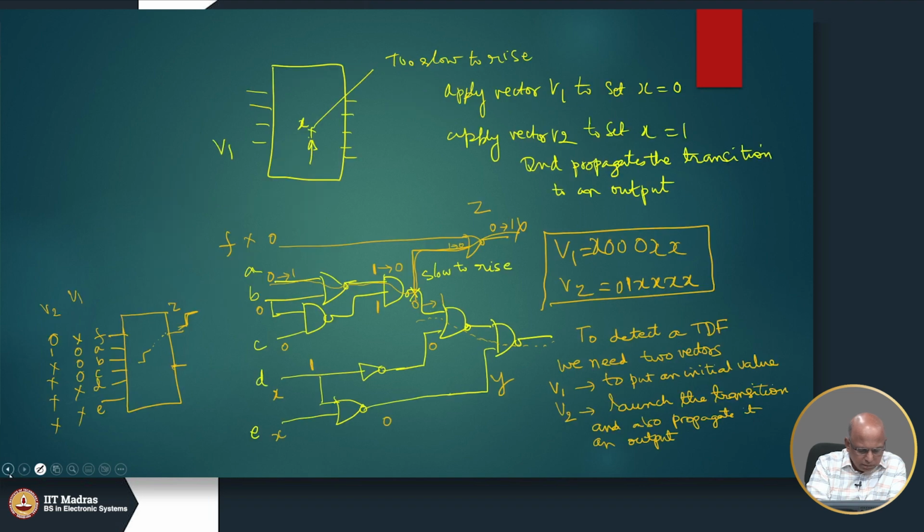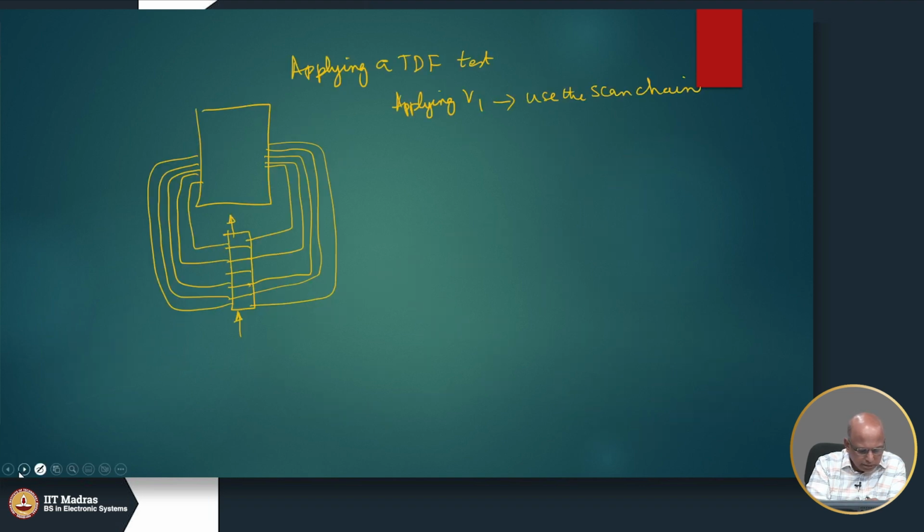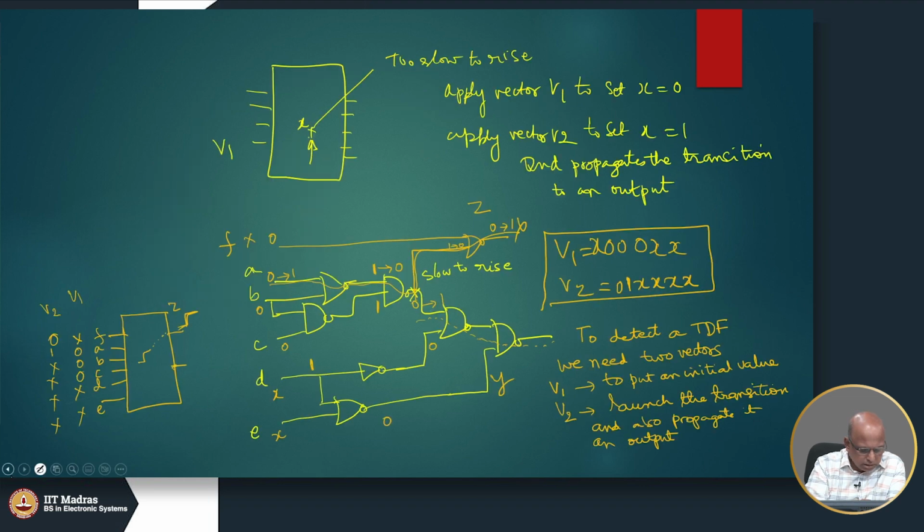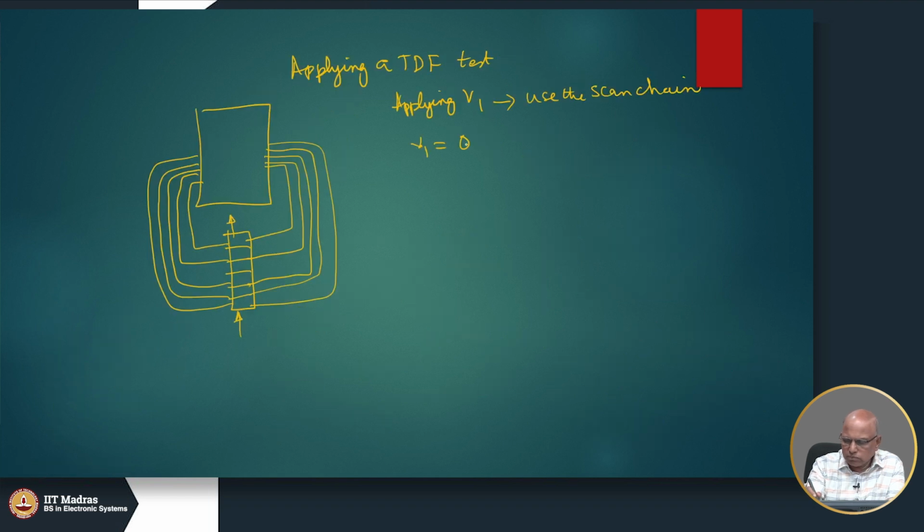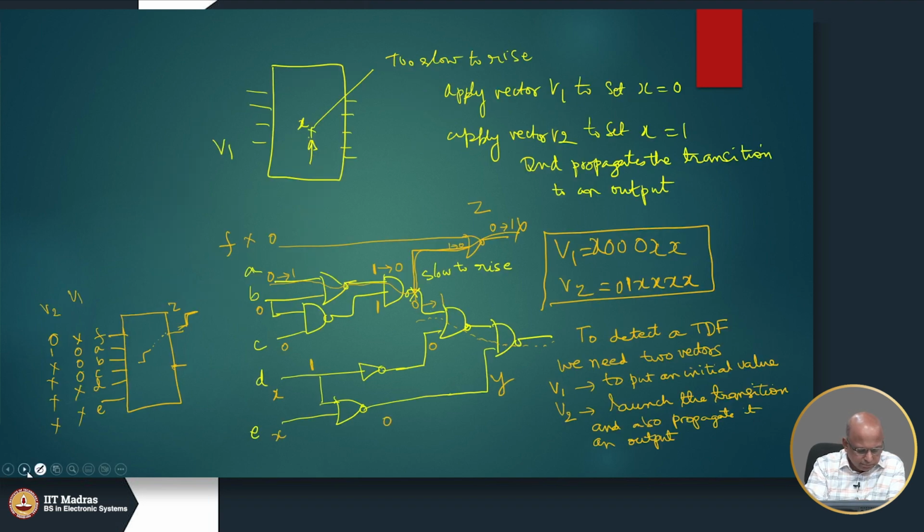In my example, I had to apply x00xx. Okay, so x can be treated as 0. So in my example, x then 3 zeros, all zeros. Let us say it is 1 2 3 4 5. So I can simply shift in the values. Okay, all zeros can be shifted in. Six zeros.